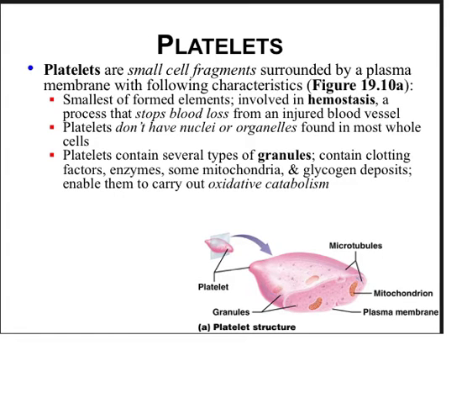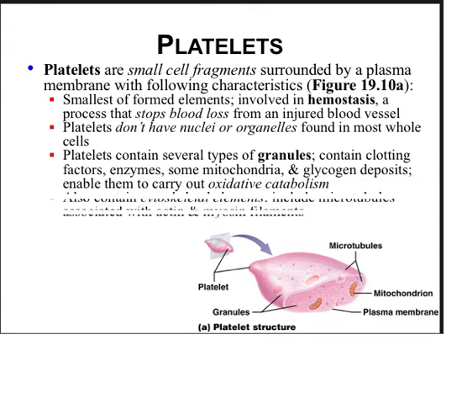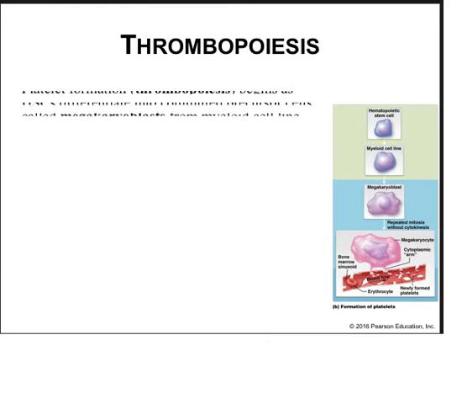They contain granules that have clotting factors, enzymes, mitochondria, and glycogen deposits, and enable them to carry out oxidative catabolism for a limited amount of energy yield. They also contain cytoskeletal fragments that include microtubules associated with actin and myosin filaments.